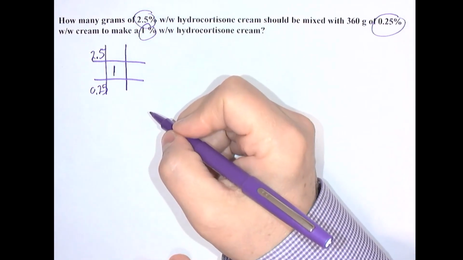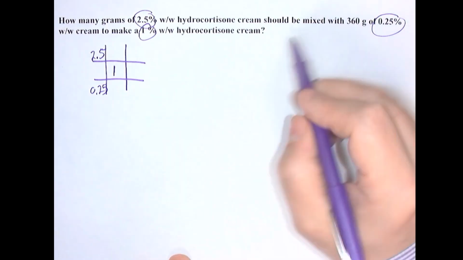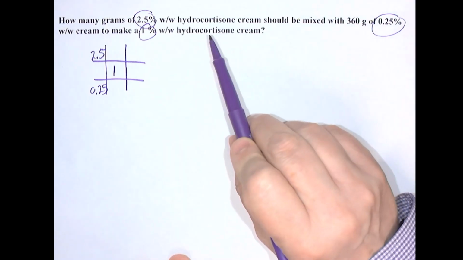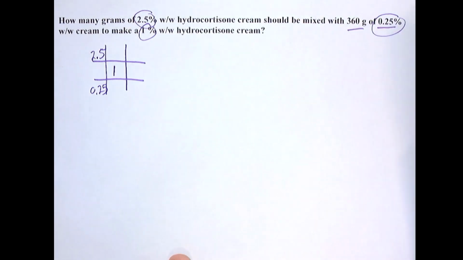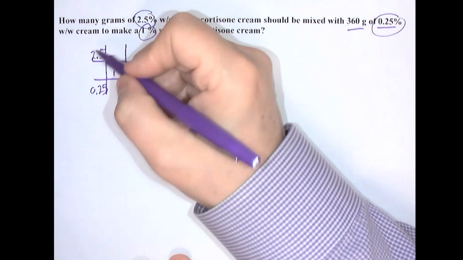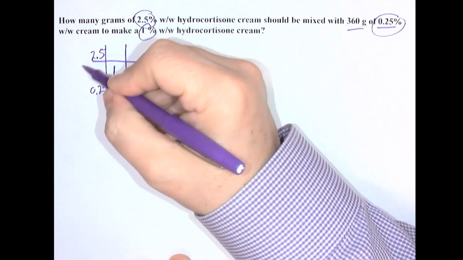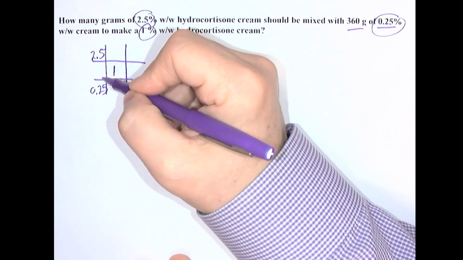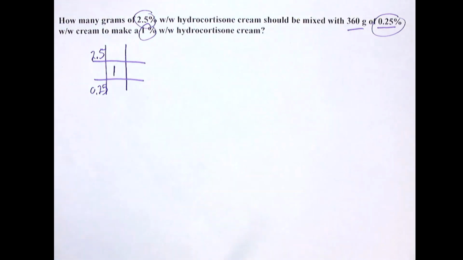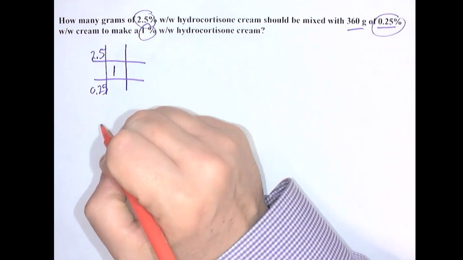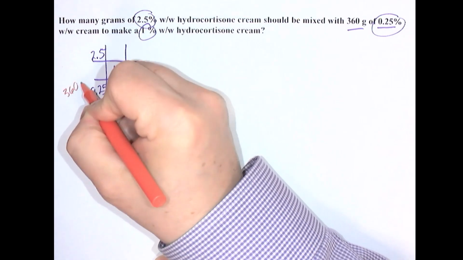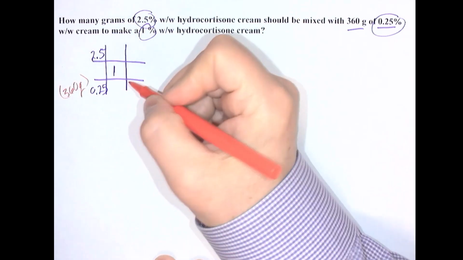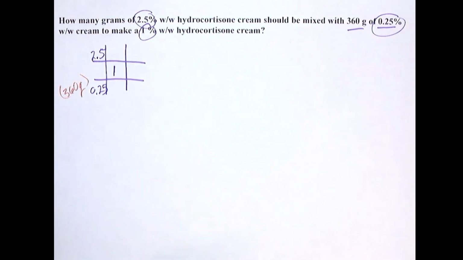And one thing that's somewhat unique compared to the other examples is that here it says 360 grams of this 0.25% cream. So one of the initial components that's going to make our product has a fixed amount. We need to work with exactly 360 grams of this. So we need to keep that in mind as we do our work here.